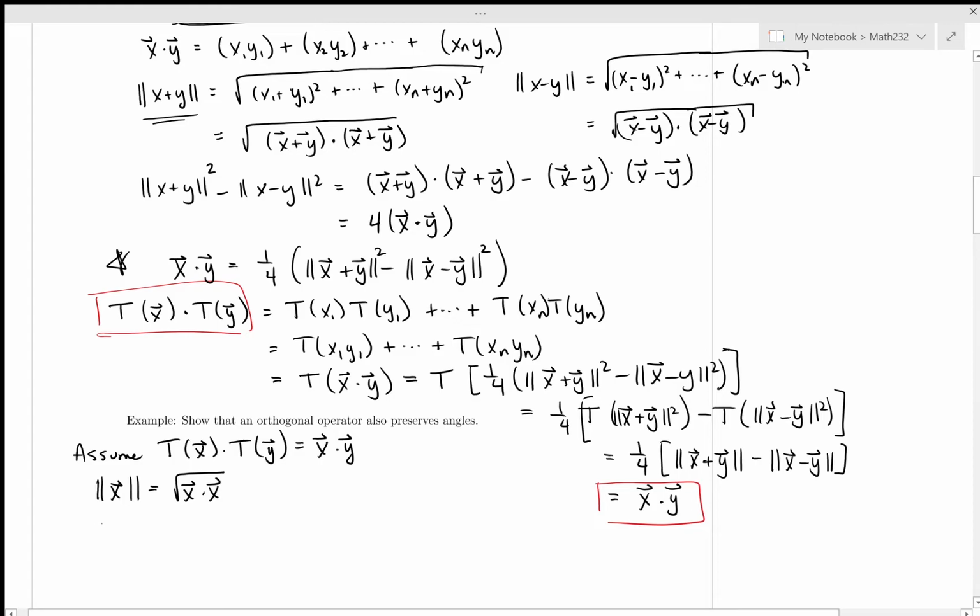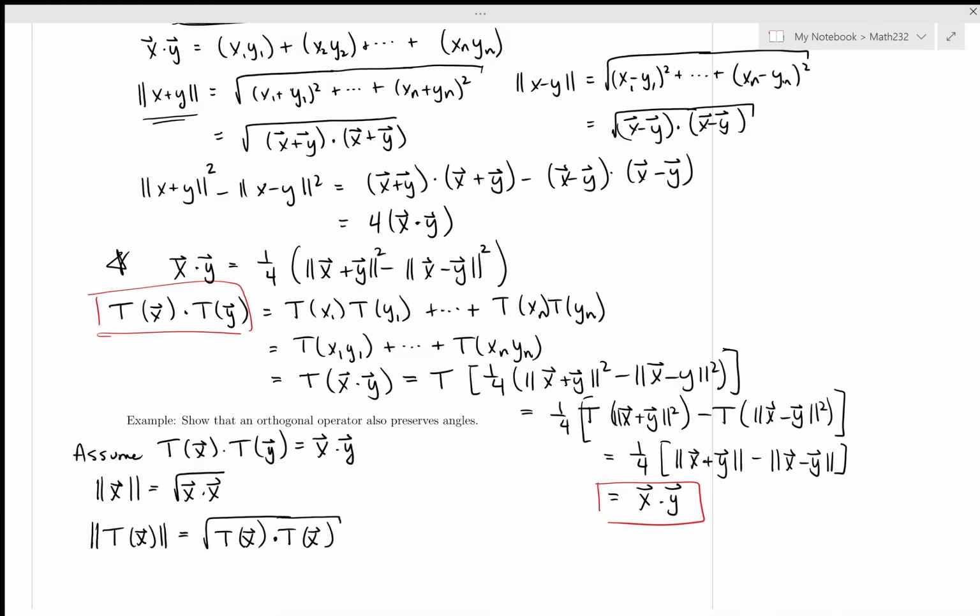And so then the norm of T of x is equal to the square root of T of x dot T of x, and that is equal to the norm of x. And we're done. It's length preserving. So we're finished. Okay, so the theorem is in place.